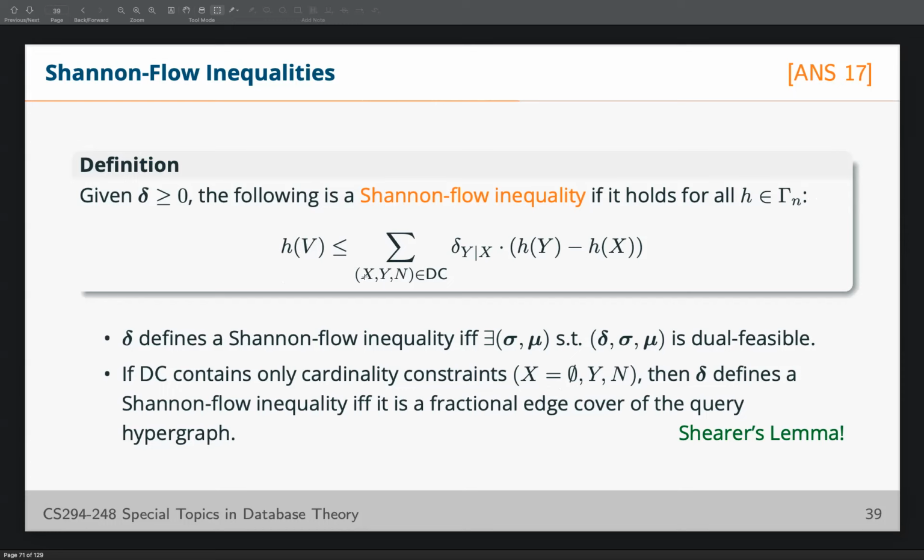X is a set of variables which are all in V, Y is a set of variables also in V, and Y contains X. Yes, thanks, Dan. I should have also written H of Y union X, but in this particular notation I will assume that Y is a superset of X.